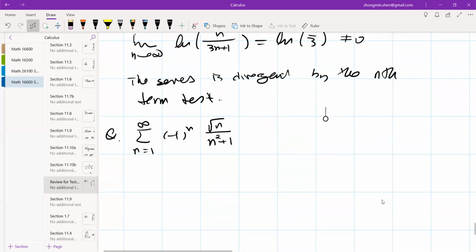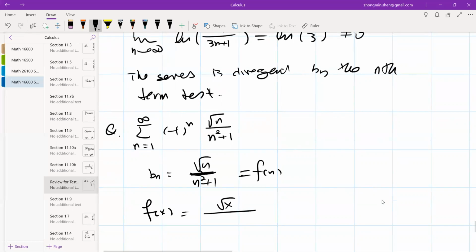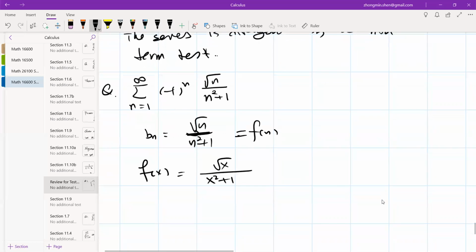It's difficult, because if you use the alternating series test, the Bn is going to be square root of n over n squared plus 1. So the corresponding function, you have to prove it's decreasing. Then you have to find the derivative.